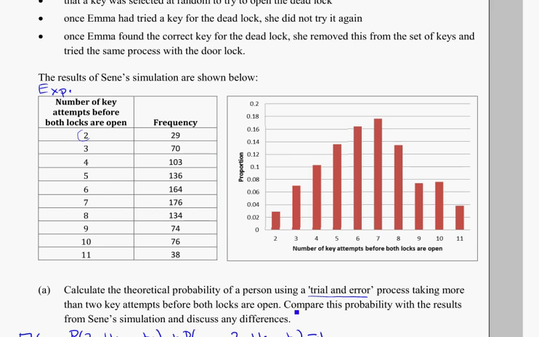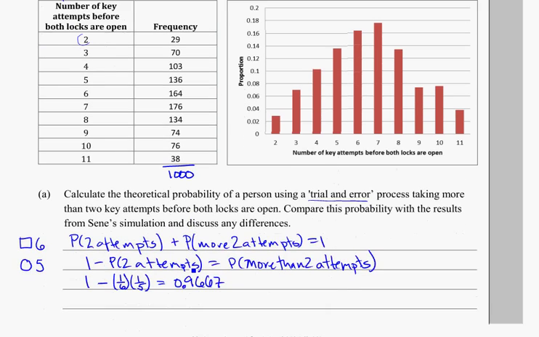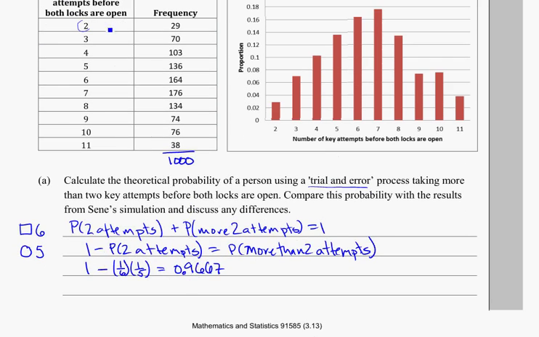So now the question for us is to compare this, the theoretical, to the experiment or the simulation. If you add up the total number that she actually attempted here, you get 1,000 attempts. And we can go through that same process. The probability of more than 2 attempts is going to be 1 minus the probability of 2 attempts. So this is the theory, and we'll try the simulation. So that's 1 minus, the probability of it happening in only 2 is 29 out of 1,000.